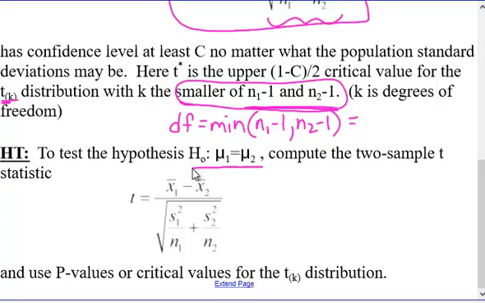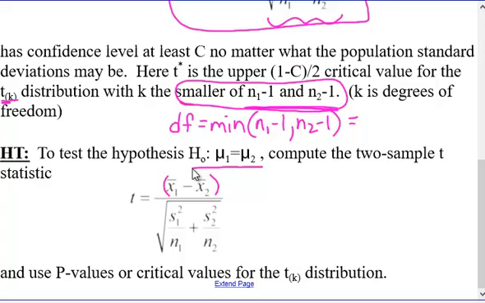That's what we're testing. So we're making that assumption that they are equal, and there's going to be some kind of an alternative that's less than, greater than, or not equal to, and we are doing the test to see if there is evidence that the alternative may be true. So to calculate the two-sample t statistic for the hypothesis test, you subtract x bar 1 minus x bar 2.